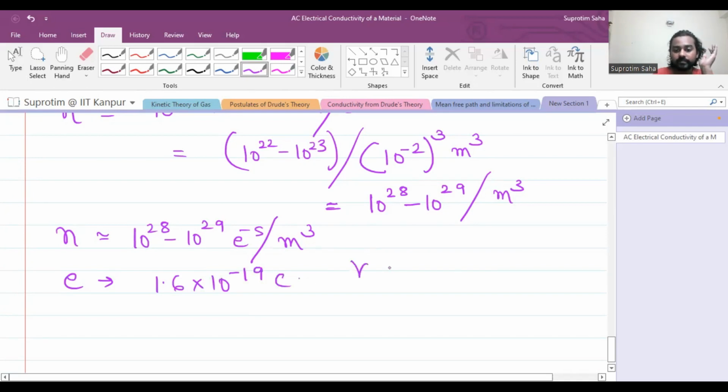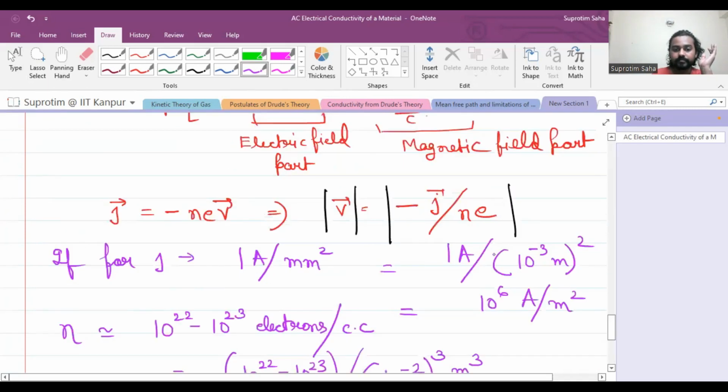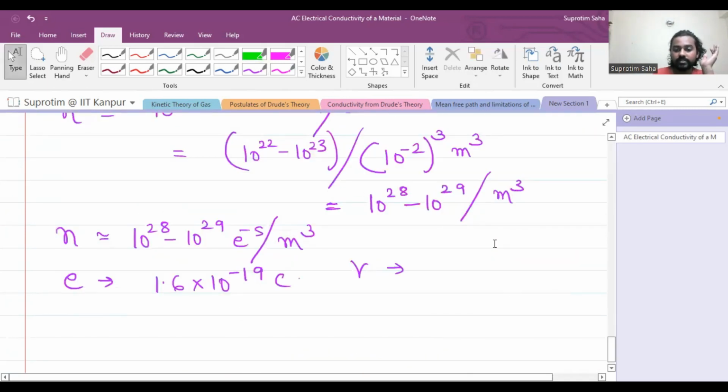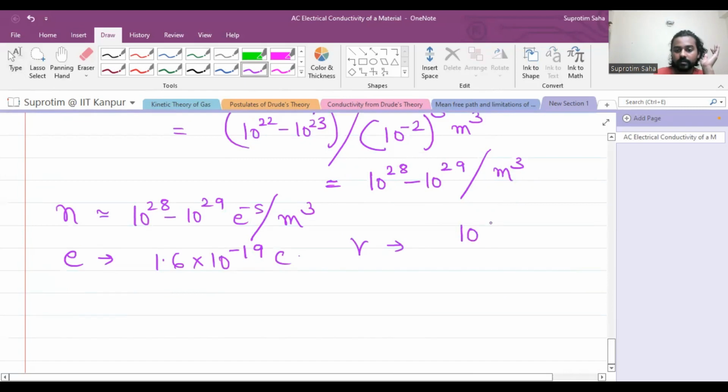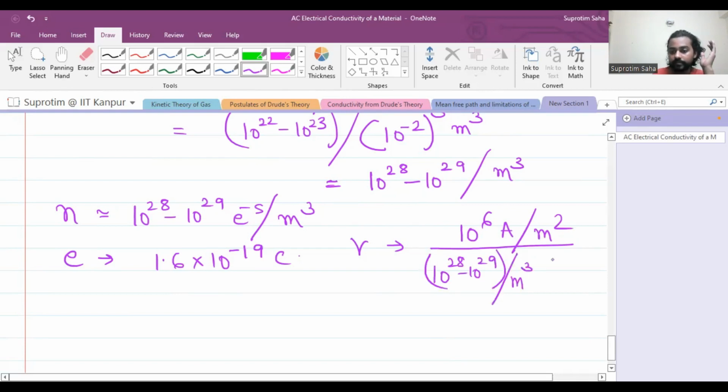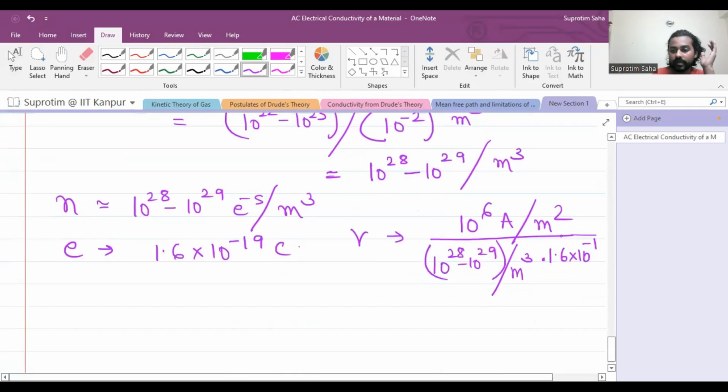So we can estimate: J is 10 raised to 6 amperes per meter squared, n is 10 raised to 28 to 10 raised to 29 per meter cubed, into 1.6 into 10 raised to minus 19.